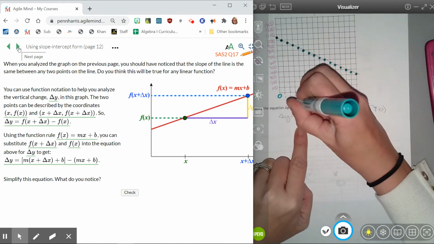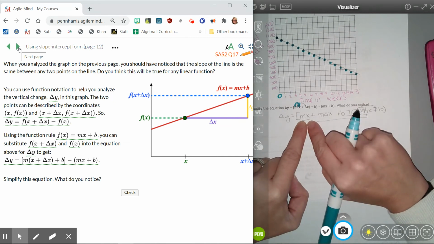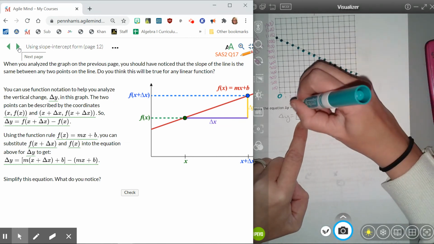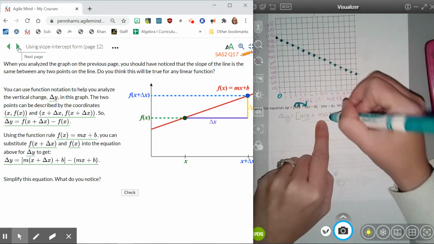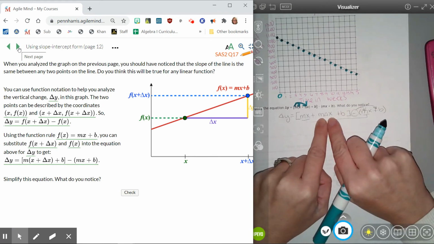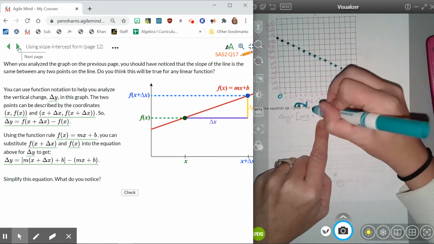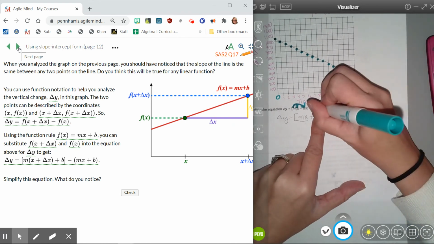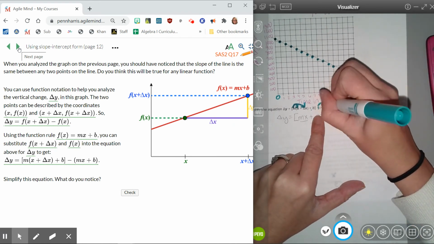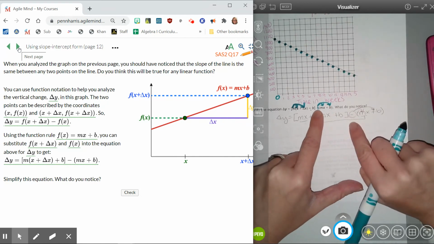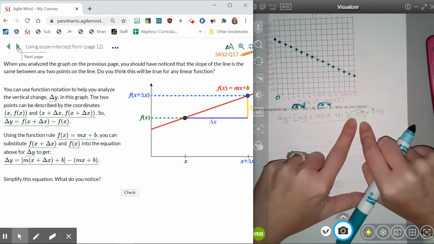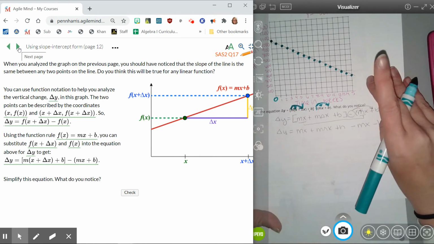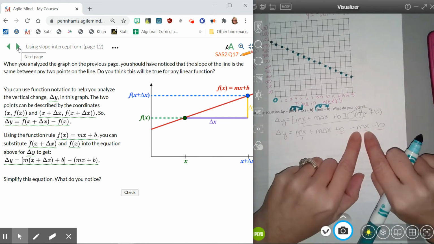They want M times the change in X, which is M times the change of X. And then they have this plus B, so I said plus B. Then over here, we have a -1 that has to distribute to each of those. So -1 times MX gives me negative MX, and -1 times B gives me negative B.